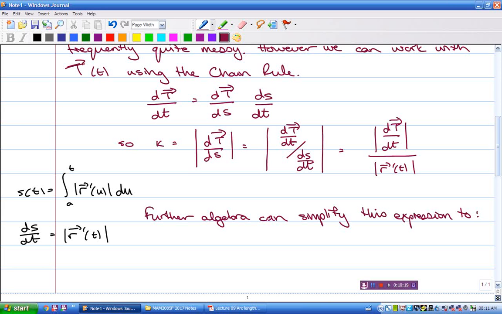There we go. Kappa equals the modulus of r dash of t crossed with r double dash of t, over the modulus of r dash of t, cubed.